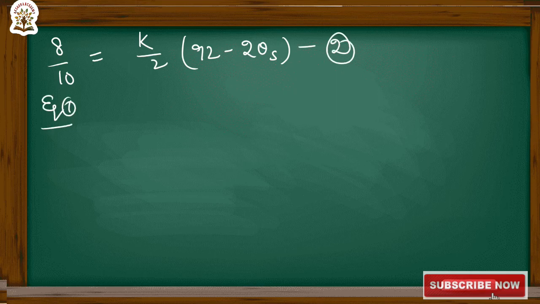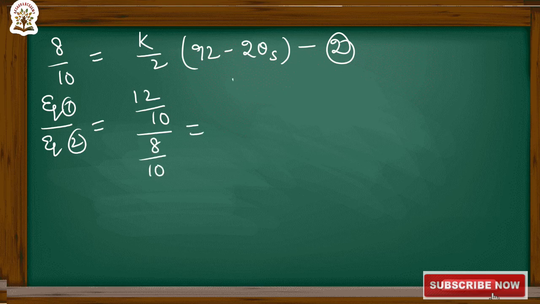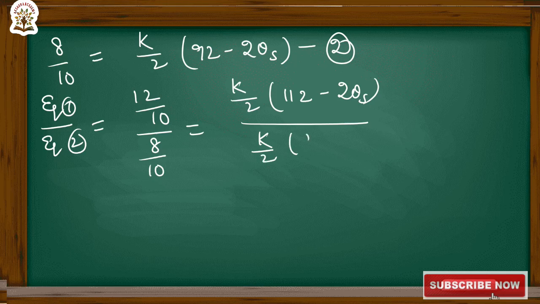Equation 1 by equation 2, that is 12 by 10 by 8 by 10, is equal to k by 2 of (112 minus 2 theta s) by k by 2 of (92 minus 2 theta s).